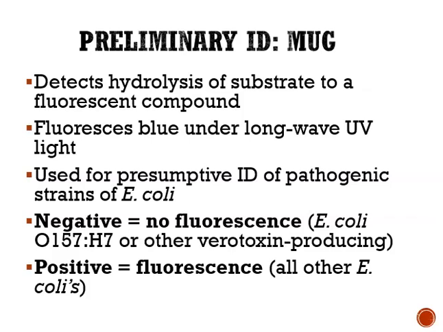And this one is a little bit counterintuitive. If the result is negative, meaning that no fluorescence is produced, this means that it's positive for our pathogenic E. coli, the O157:H7. If it's positive for fluorescence, that means it's one of these other strains of non-pathogenic E. coli.